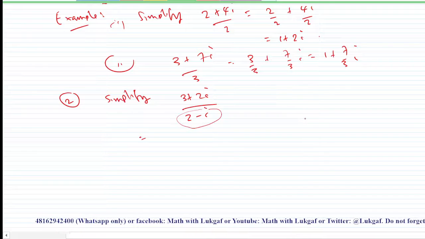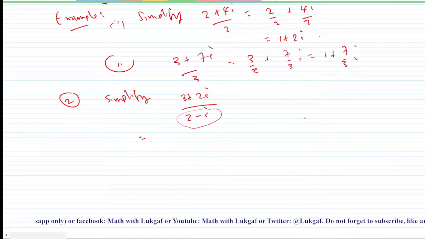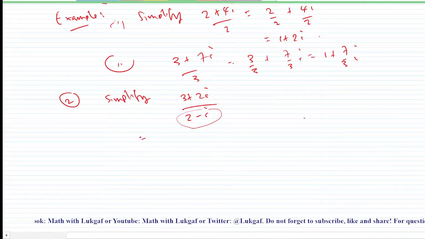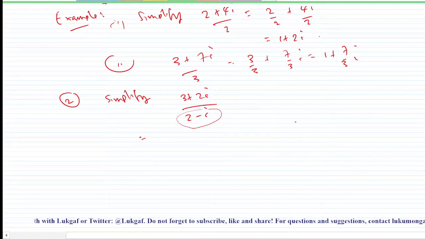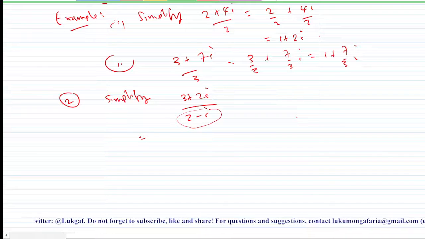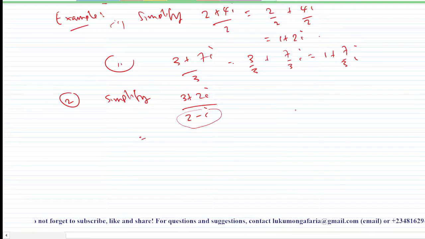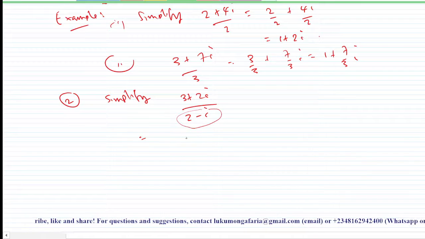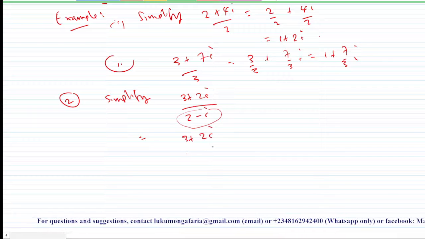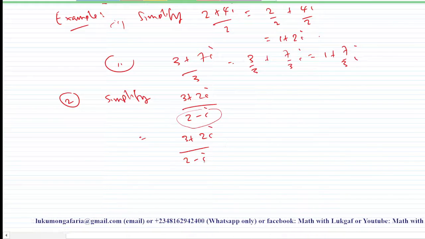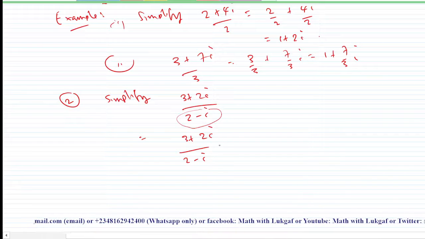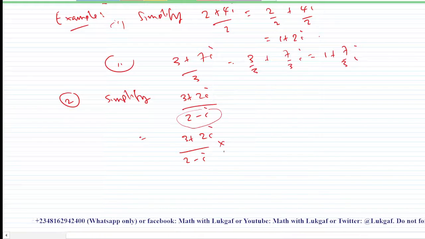By multiplying it by its conjugate, as I've explained in the previous video. Remember, the product of a complex number and its conjugate is going to give you a real number. You understand now? So then 3 plus 2i divided by 2 minus i, you multiply by the conjugate. But don't forget, what you do for the denominator, you have to do it for the numerator too.